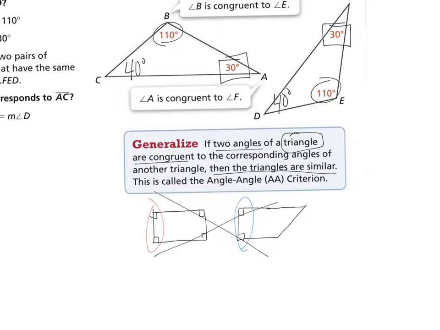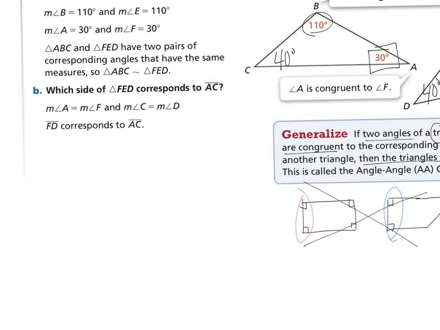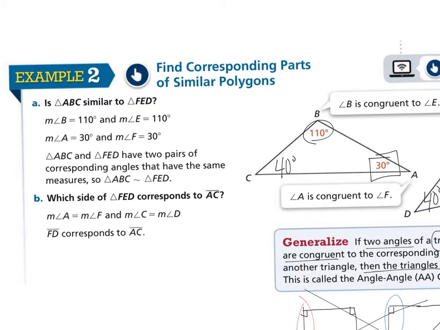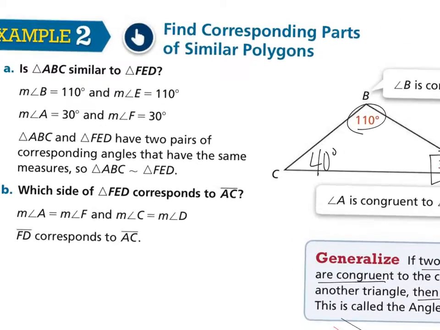And not only that, we actually don't even have to know what the side lengths are. If you have two angles in a triangle that are the same, your third angle is going to be the same. Your triangles always will be similar, no matter what. If your angles are the same in a triangle, your triangles will be similar. Okay, so the answer is that these are similar.